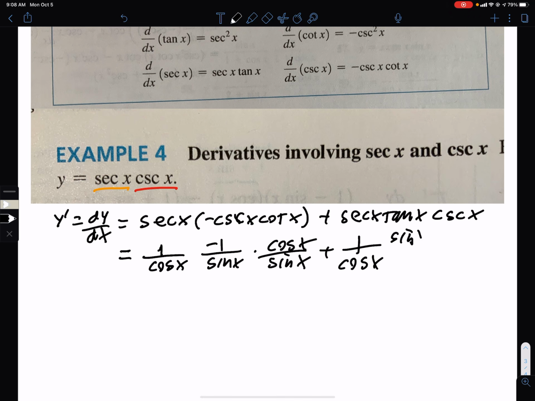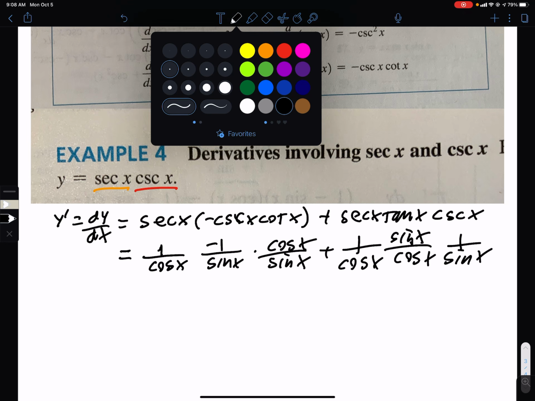Tangent is sine over cosine. And cosecant is 1 over sine. And you might say, well, how did you know you're supposed to change them to a different form? It's just because I don't like cotangents, secants, cosecants. I like sines and cosines. And I'm thinking if I do that, it might make it prettier, and it does.